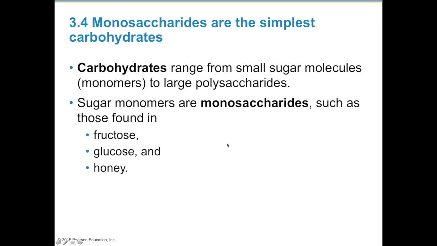Anytime you see this word saccharide, think sugar. A monosaccharide just means one sugar. Poly means many sugar, okay? Our carbohydrate is made up of many sugar molecules, all right?